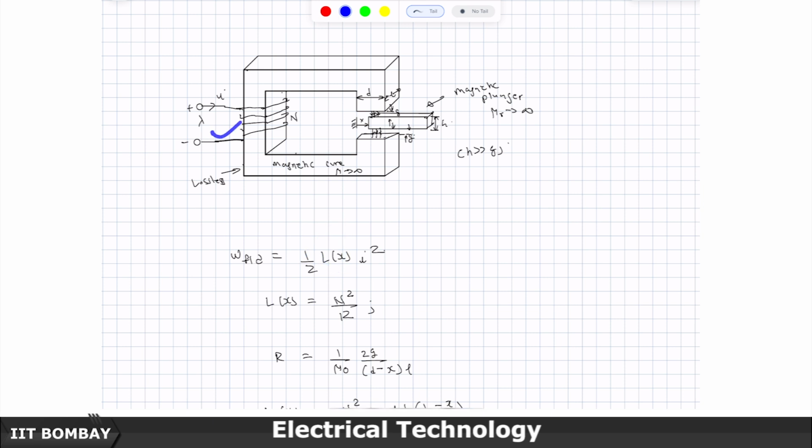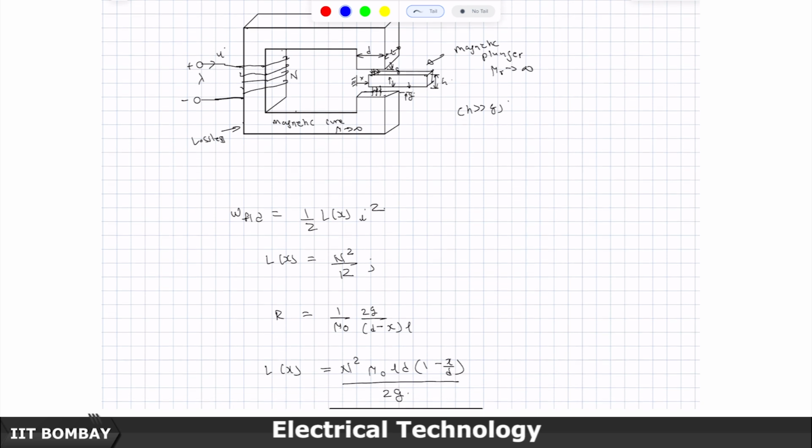The turns are N. We know that inductance is given by N squared divided by reluctance, and the iron has 0 reluctance, because I have taken permeability to be infinity.